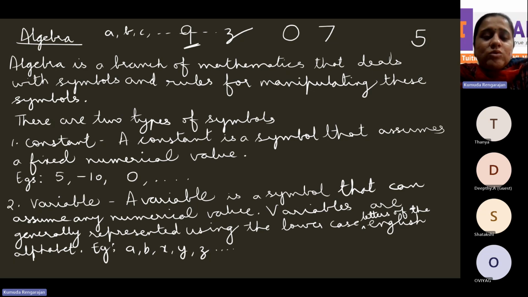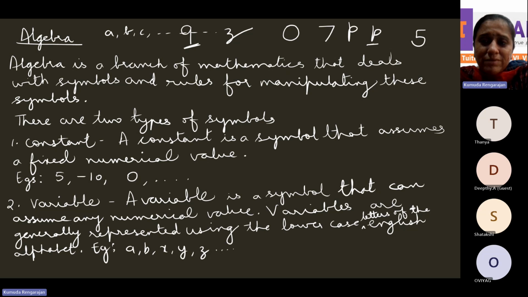Now, the small letter a is a variable because a can be 5, a can be 6, a can be 5 by 7, a can be 0, a can be -3. A can take any value. Now if you say p is a variable, p is not a constant. P is a symbol.